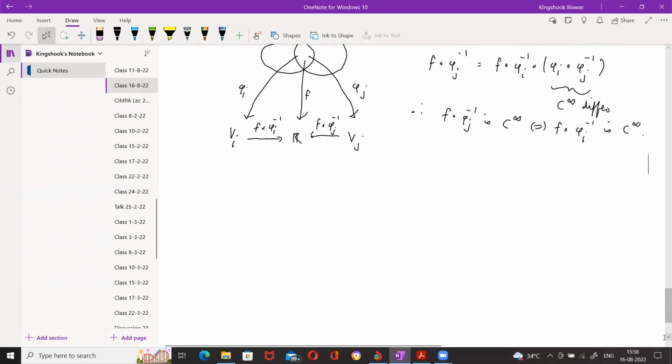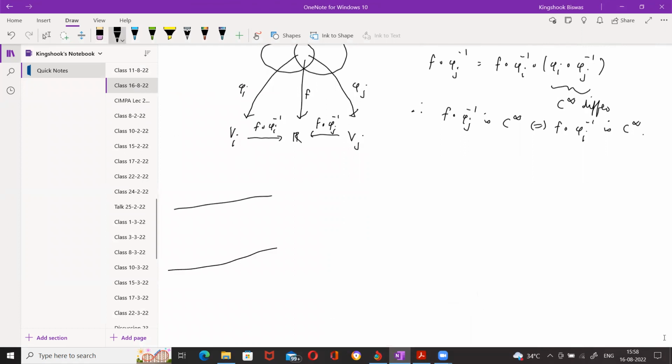If I have two manifolds, say M and N, I'll say that a map F from M to N is smooth if the following holds. I'll assume F to be continuous first of all.